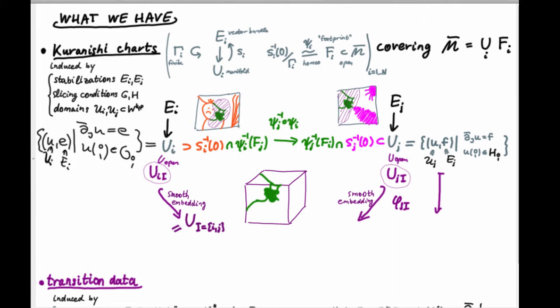Can I, if I reparameterize these? Sure, I can satisfy the slicing conditions, but I would need to know that these stabilizations E_j are related to the E_i, because if I push it forward, it's going to satisfy some other perturbed d-bar equation. And presumably I've just covered my whole moduli space with some random choices of these that were not related.